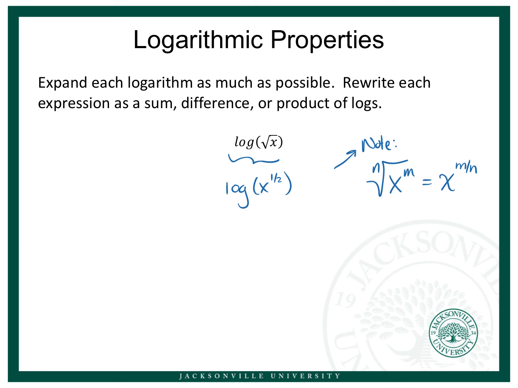For example, if you have the square root of x to the first, we usually don't put the 2 here when it's the square root, but you can think of that as the square root of x to the first power. We would rewrite this as x to the 1/2, where 1 is m and 2 is n.